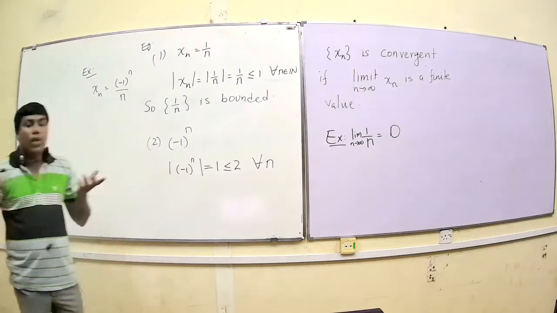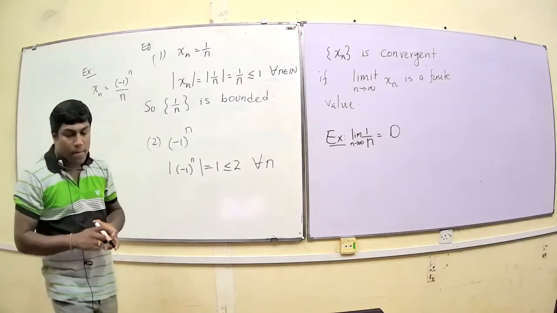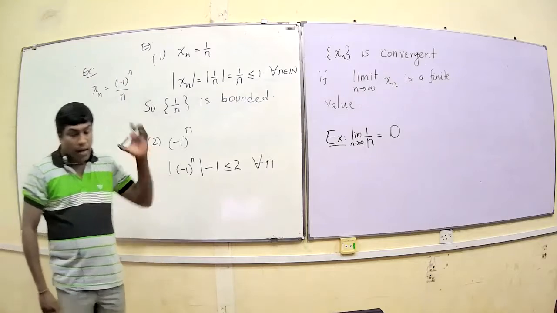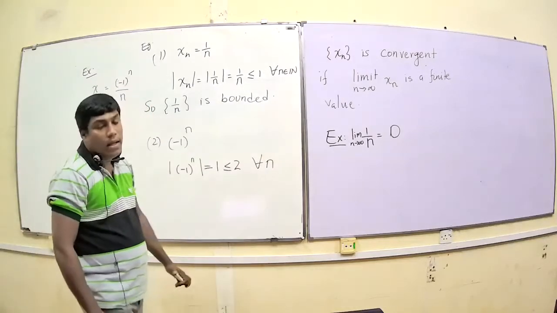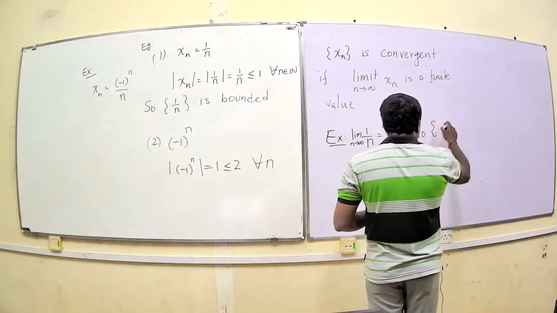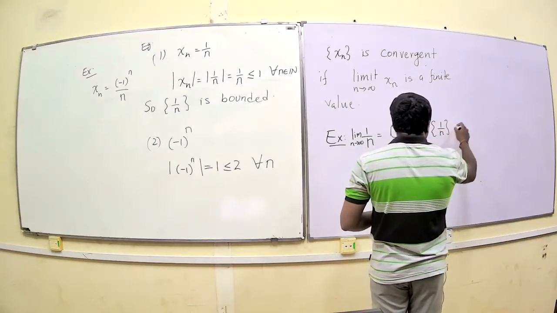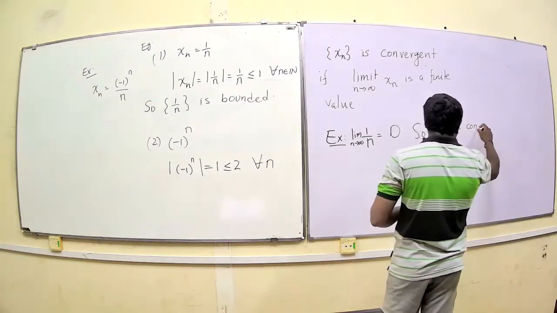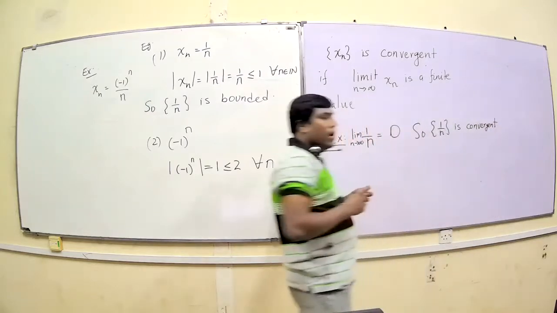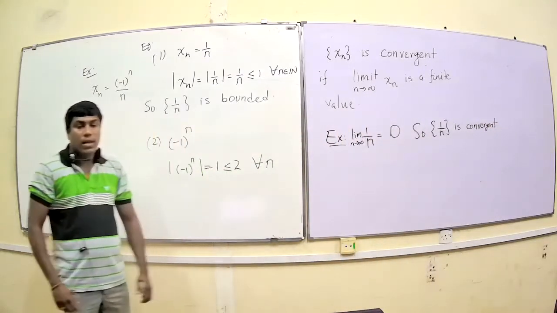Infinity are the infinite numbers, all the others are finite numbers. So here, this sequence has a finite limit. So we say that the sequence 1 upon n is convergent.